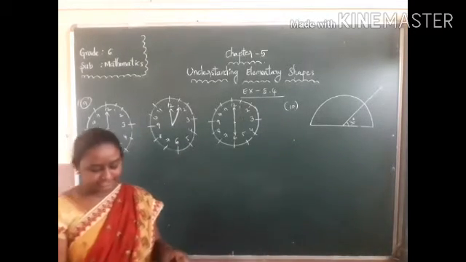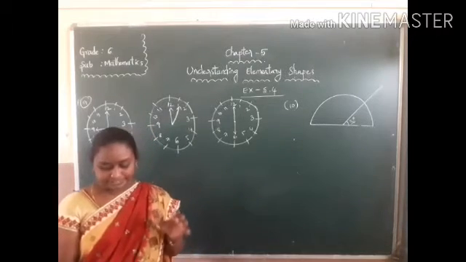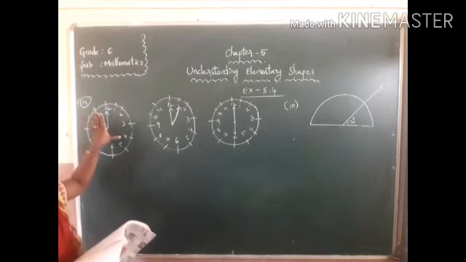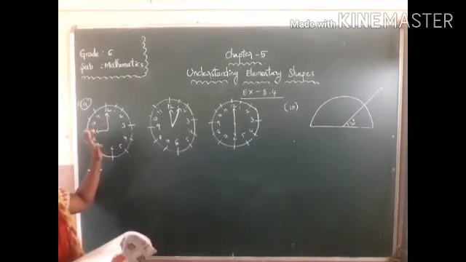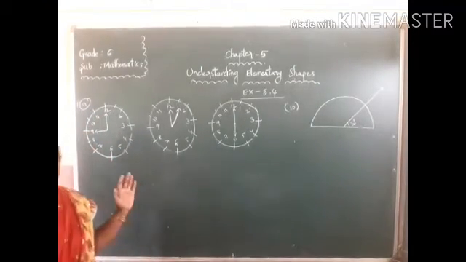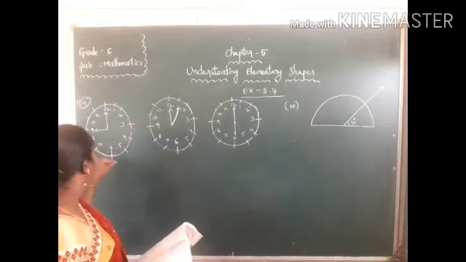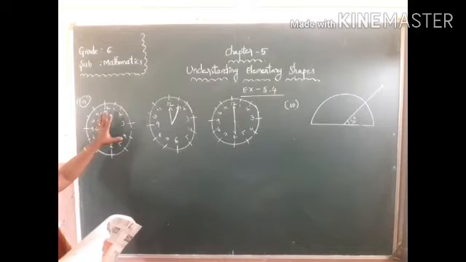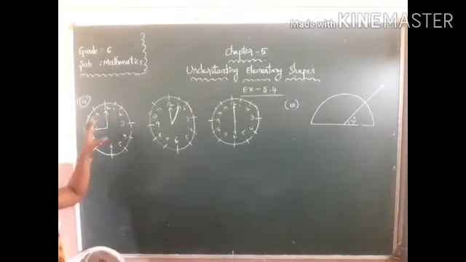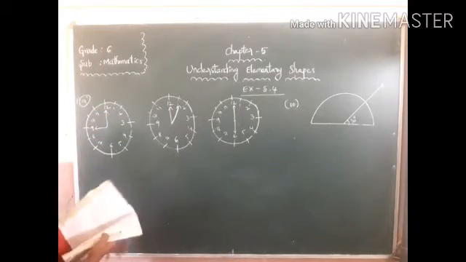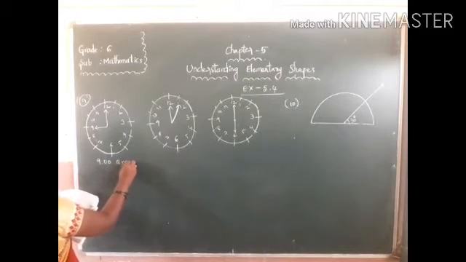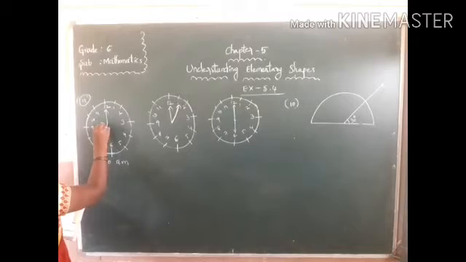Find the angle measure between the hands of a clock. So in the hands of a clock, we have to measure how much angle is formed. Observe here, first one is 9 AM. Which angle is formed?